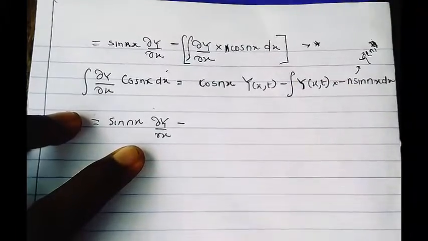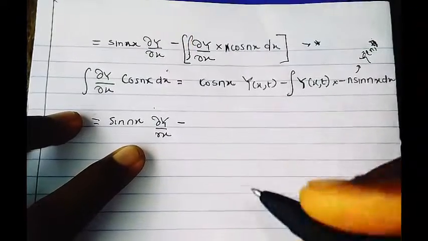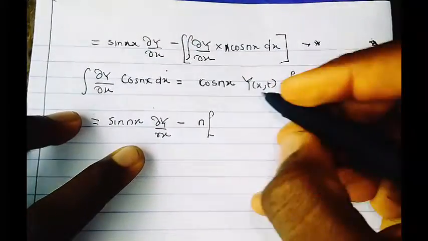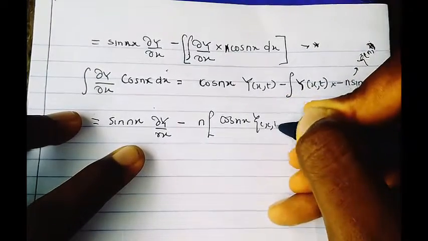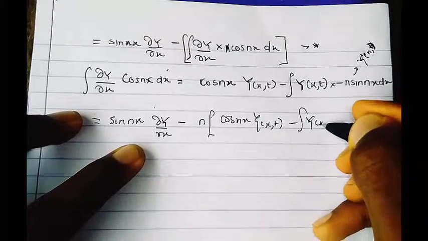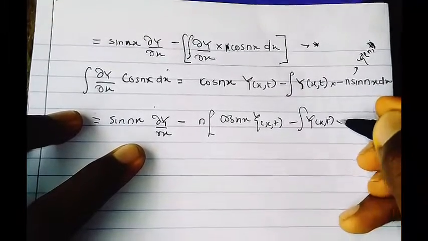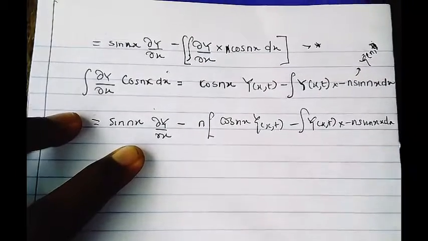So substituting it here now, first let's substitute this into what we integrated. We're left with n times open bracket cos nx y, which is a function of x and t, minus the integral of y, a function of x and t, times minus n sine nx dx.